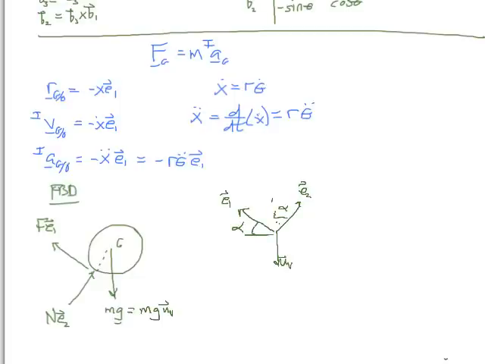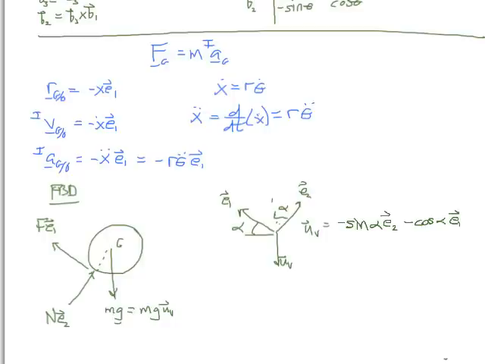And so we can define the relationship that uv, which is pointing downward vertically, is equal to negative sine alpha in the E2 direction, and then negative cosine alpha in the E1 direction.